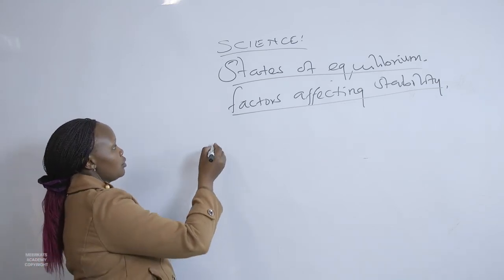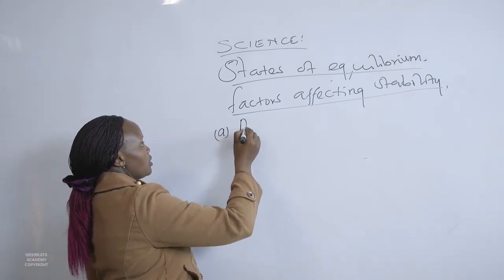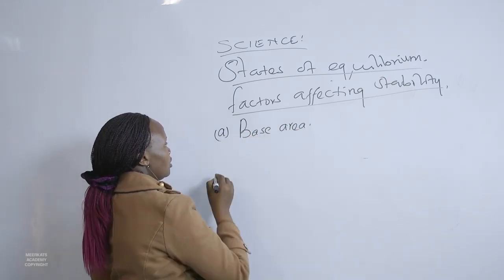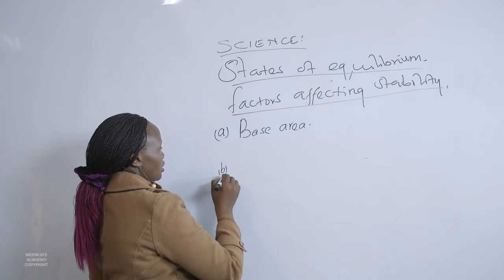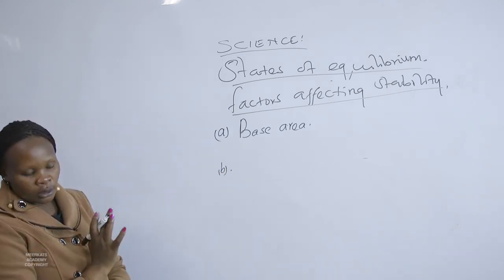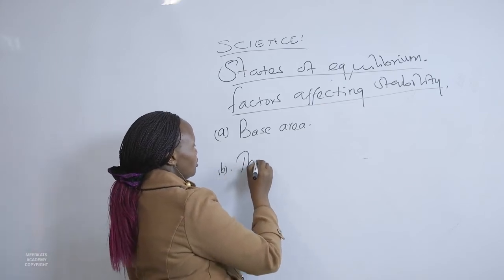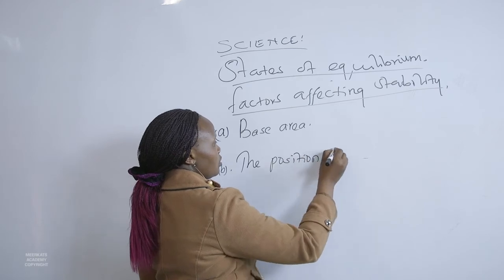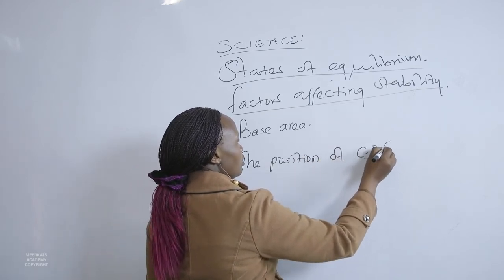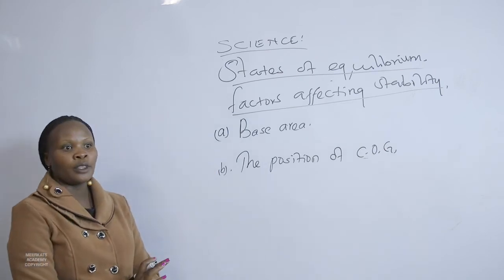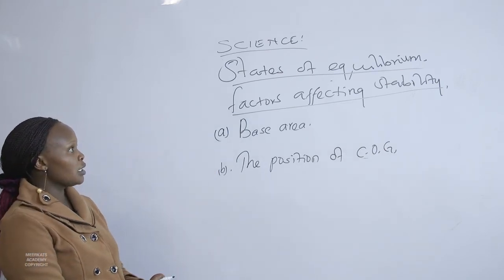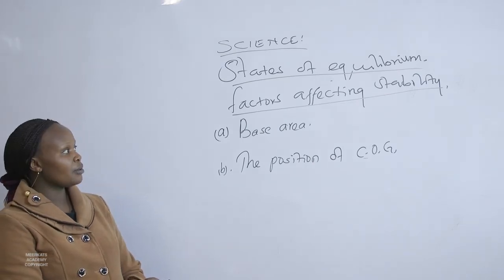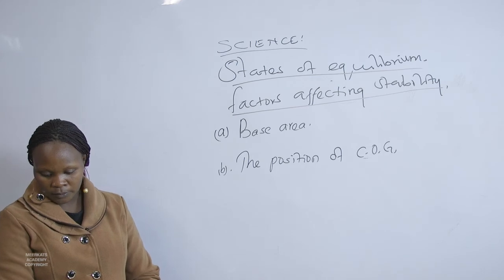And we have two. One is the base area, and number two, we have the position of the center of gravity. Those two affect stability of an object. But how do they affect stability?